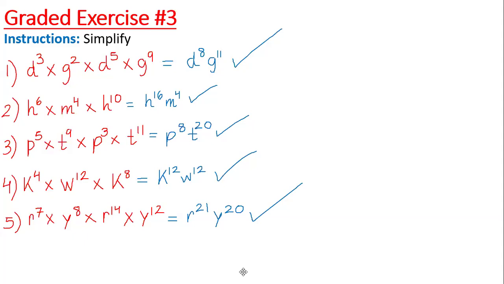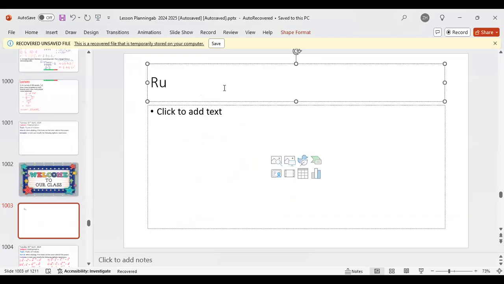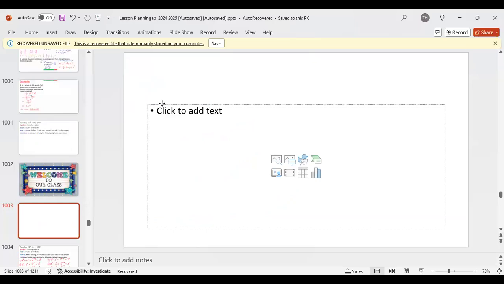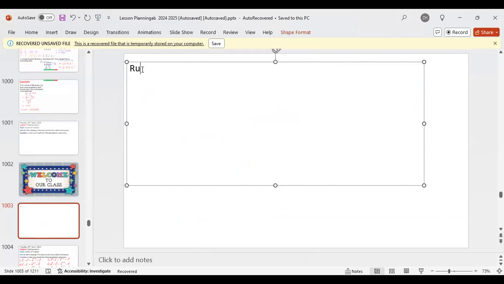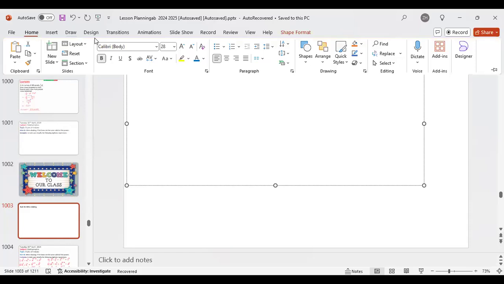Rule number 2 says that when dividing, and rule number 1 dealt with which operation? Multiplication.